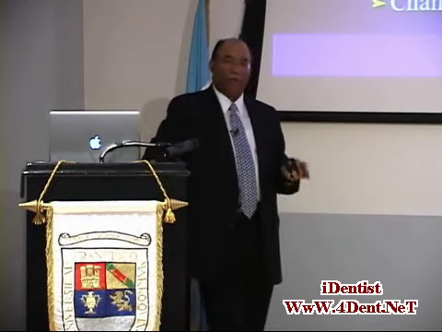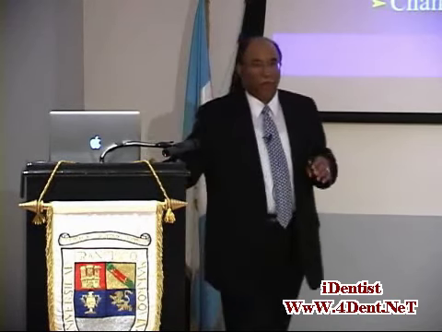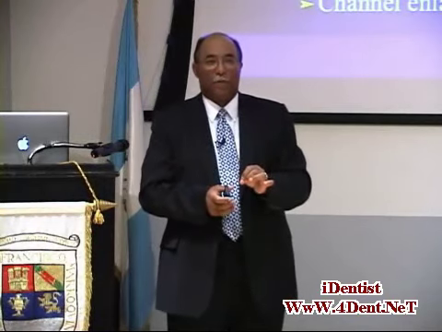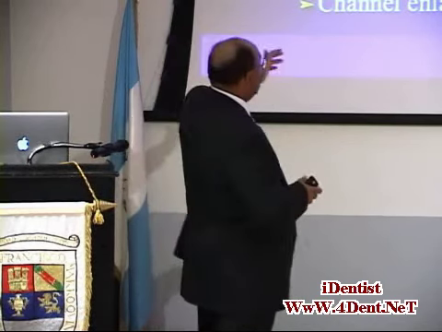Now, I'm not sure what you're taught here with respect to removal of gutta percha, but I absolutely highly recommend that at least your initial removal of gutta percha be done with heat. Heat, to make sure, indeed, that you're not going to perforate.